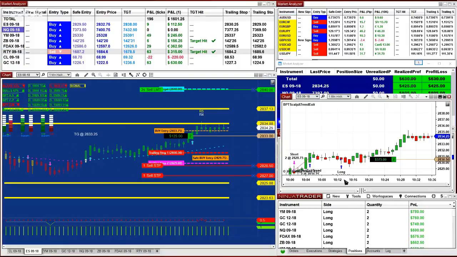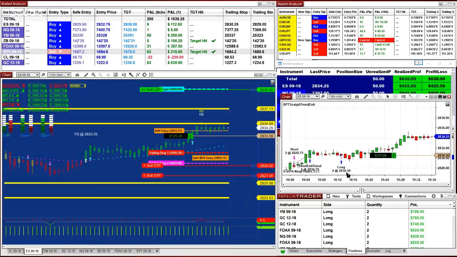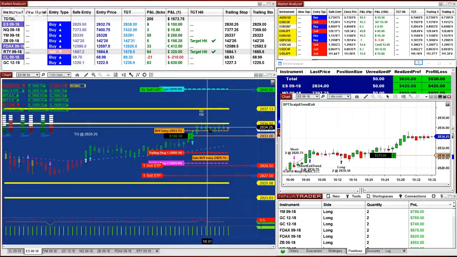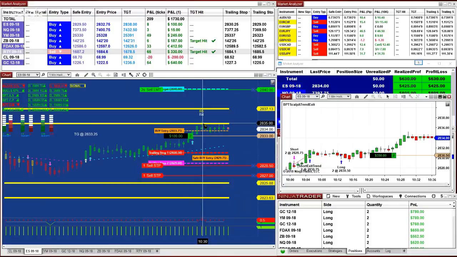We started today around 9:25, and we had an entry at 28:30, and you can see on the swing trading, and this is 1 minute, the swing trading is 1 minute, and you can see it's just one straight line.